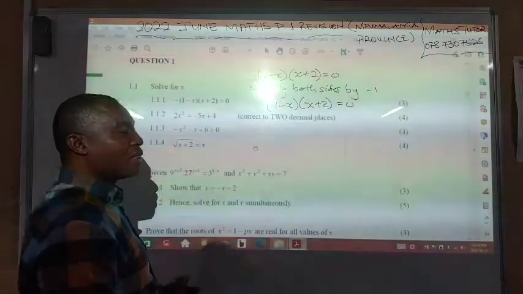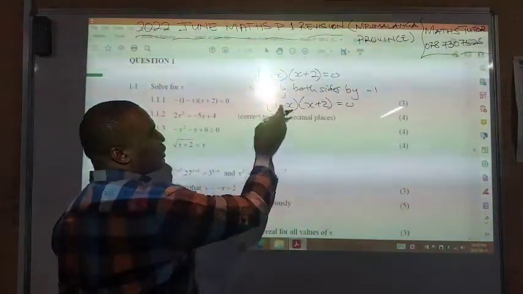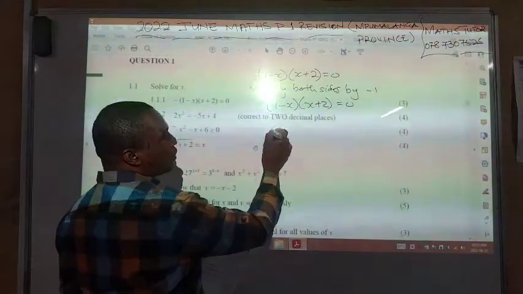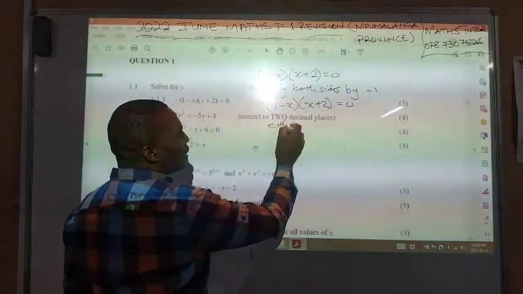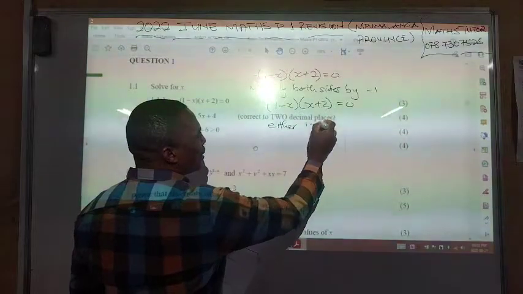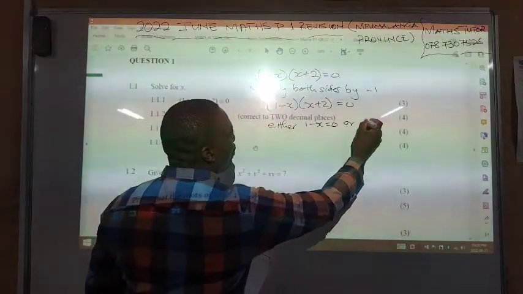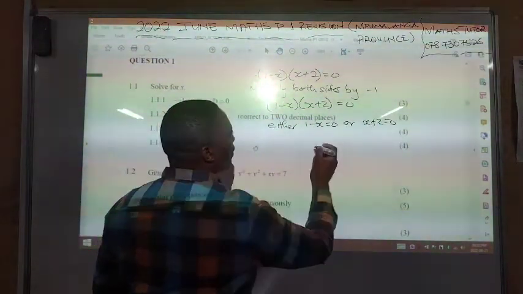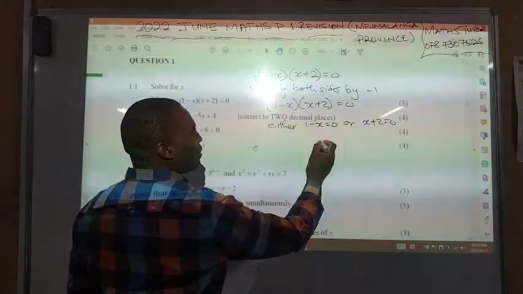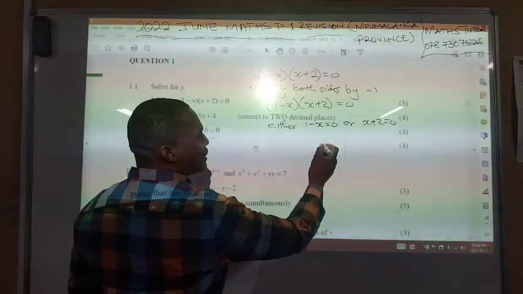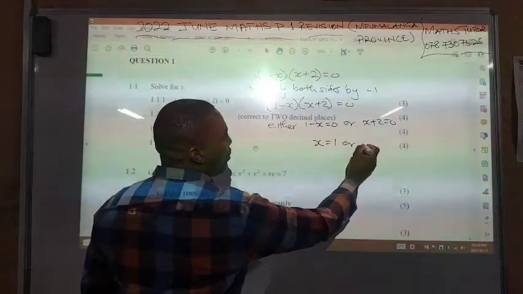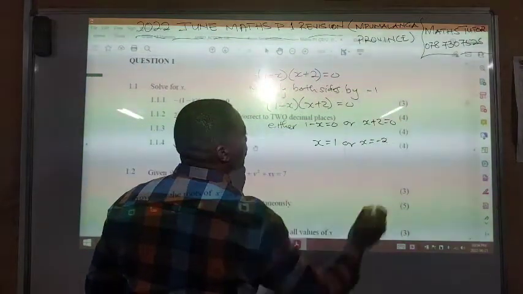On the right side, anything multiplied by 0 is 0. So once you get here, now you know that it's either 1 minus x is equal to 0 or x plus 2 is equal to 0. That will give us, transposing negative x, x is equal to 1 or x is equal to negative 2.